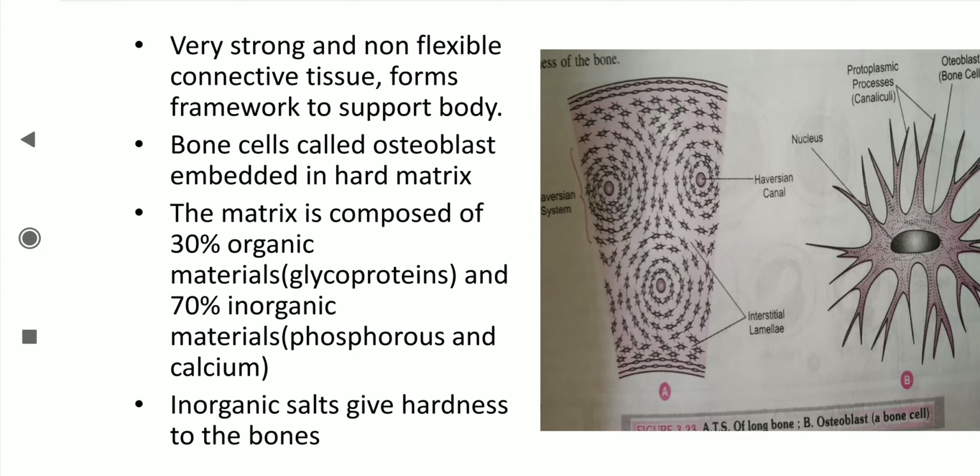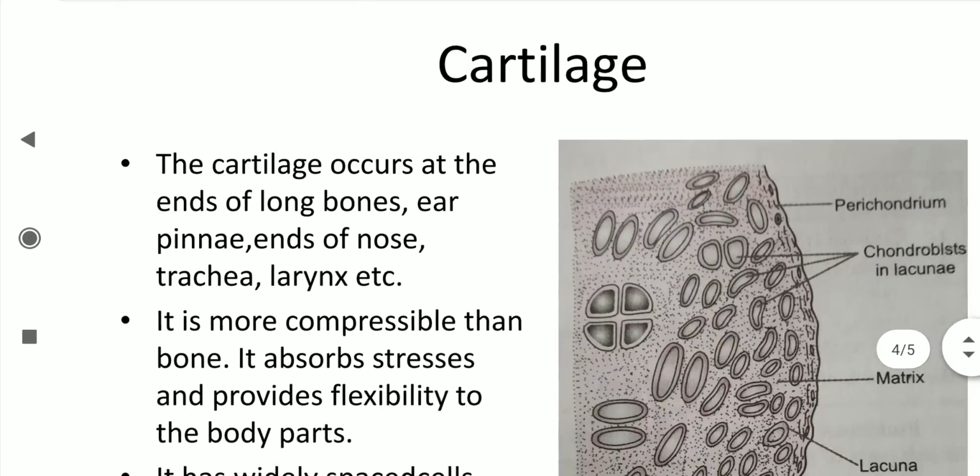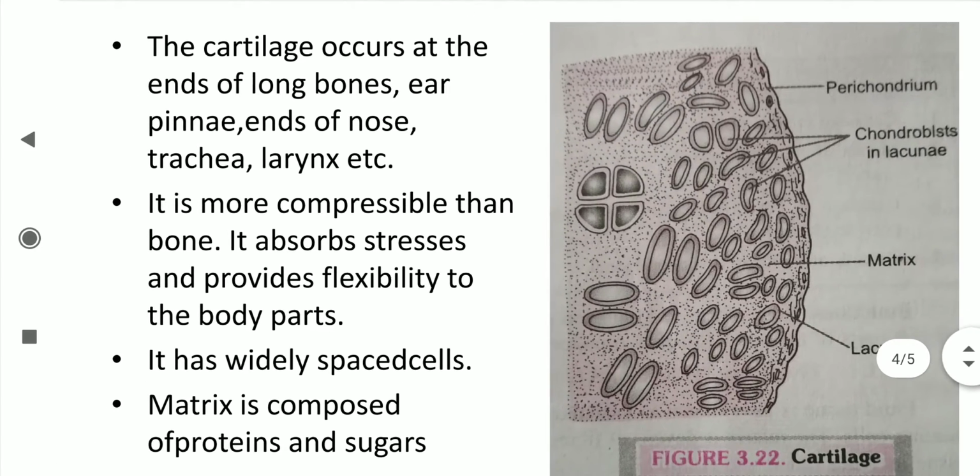Now we are coming to another type of skeletal tissue, that is cartilage. First you see this. This is cartilage. The cartilage is a hard but flexible skeletal tissue. It gives shape to the nose, but it is a little flexible.